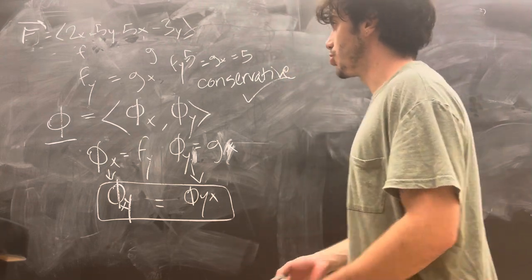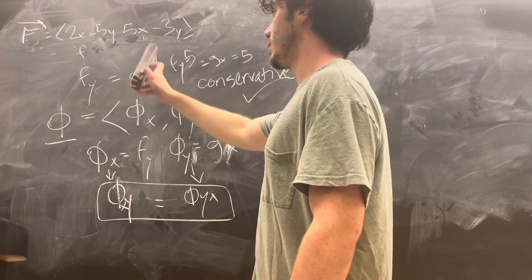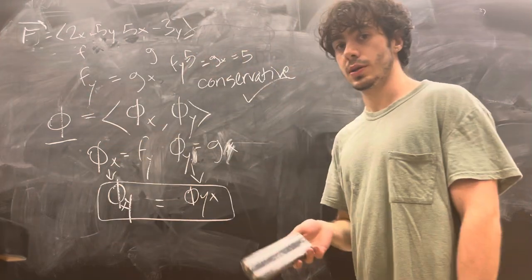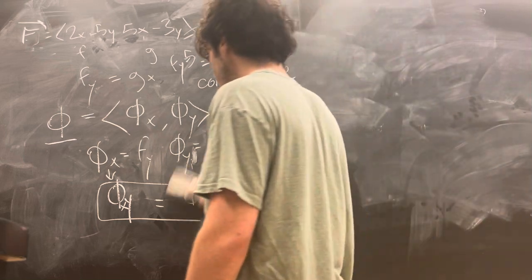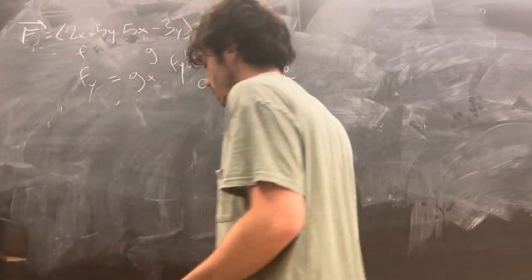So that's why when we check if f partial y is equal to g partial x, we know that f is the gradient of some potential function.